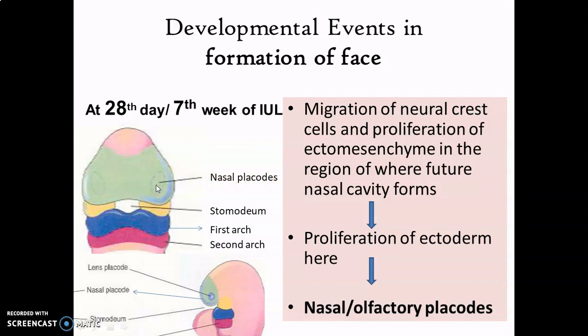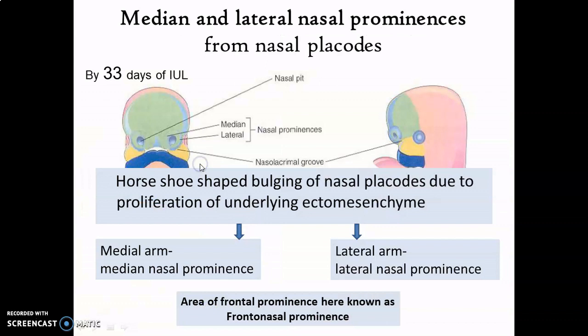These nasal placodes or olfactory placodes further undergo proliferation to form a horseshoe-shaped bulge on them. On either side, you can appreciate this horseshoe-shaped bulge that is formed on the olfactory placodes or nasal placodes. Its median arm is known as the median nasal process and the lateral arm is known as the lateral nasal process.